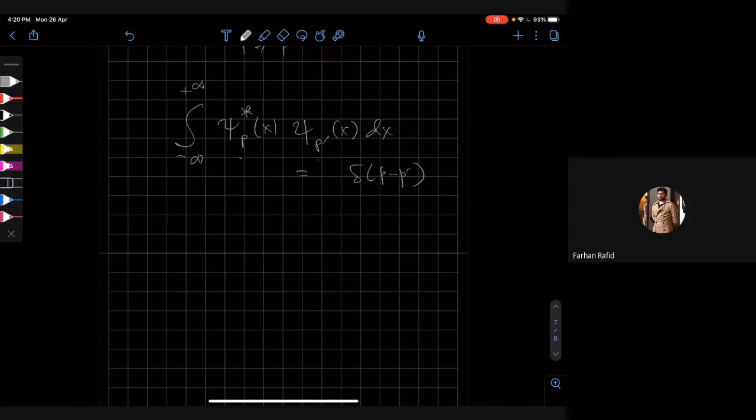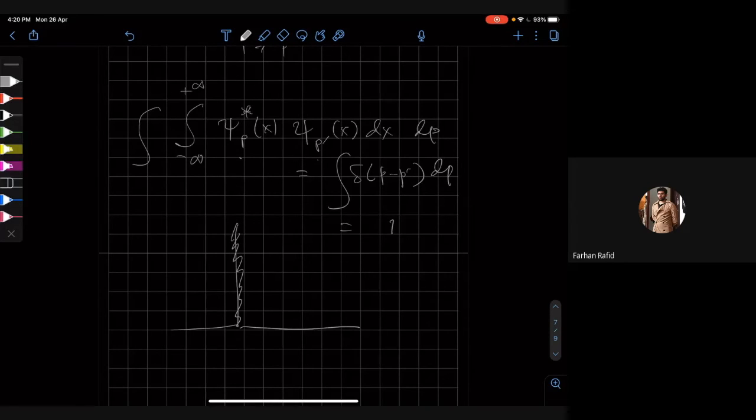And what is a Dirac delta function? It's an infinitely thin and infinitely high spike, but the area under the curve is 1. So if I integrate over p, dp, I would get 1. I hope that answers your question, World War III veteran from the future.